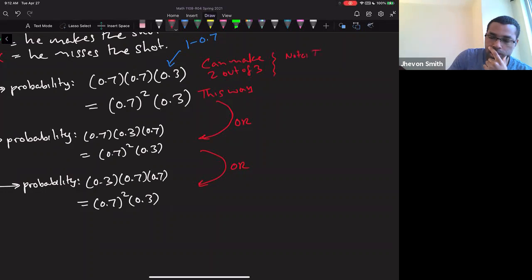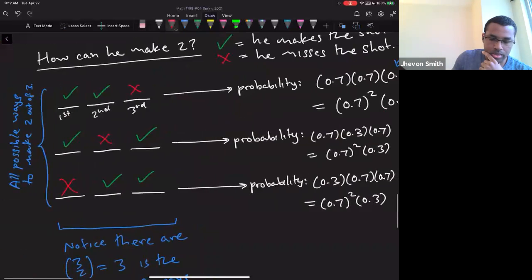Note, these are, how do you describe these three different events?